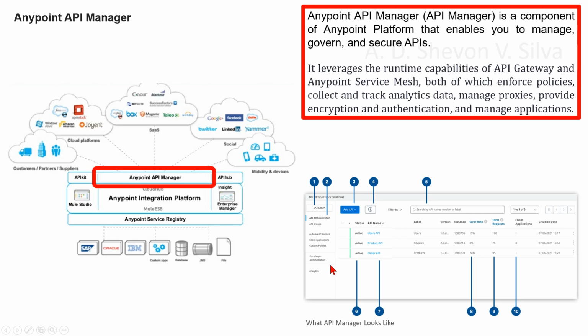Data graph administration. Anypoint Data Graph enables you to unify all the data within your application network in a unified schema. Analytics. API analytics provide insight into how your APIs are being used and how they are performing.